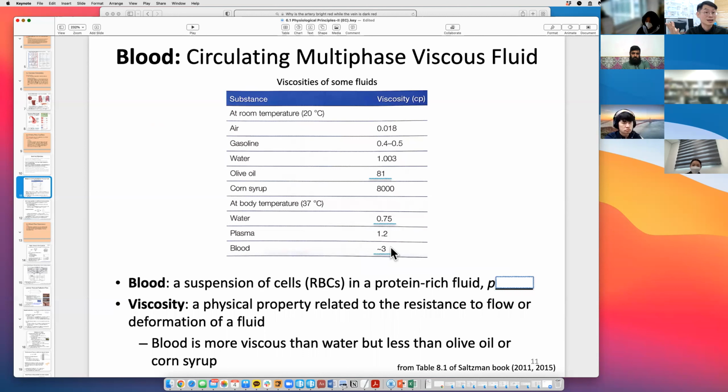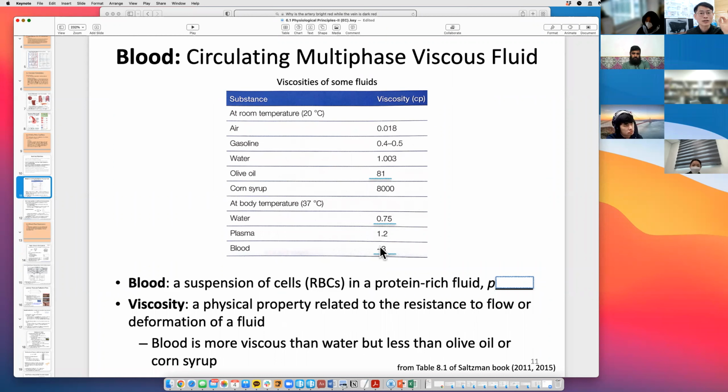Of course, depending on people's age and condition, especially when people are getting elderly and having more problems with their blood composition, you will find a different viscosity of blood.